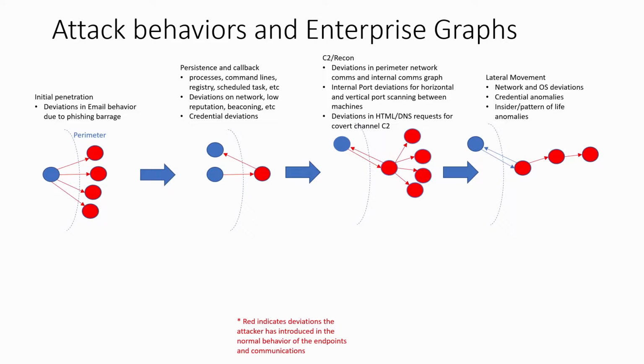But we can score combinations or paths. Gabe was talking about paths. We can score unusual paths in the network. And I've got some papers, others have some papers on that subject. We can score the processes that are running to allow for remote communications like WMI or WinRM or SSH or RDP.